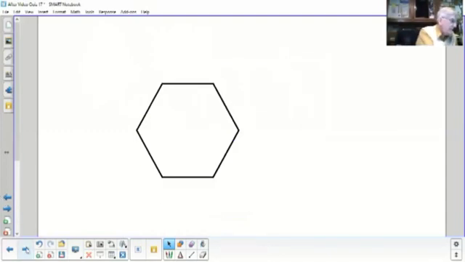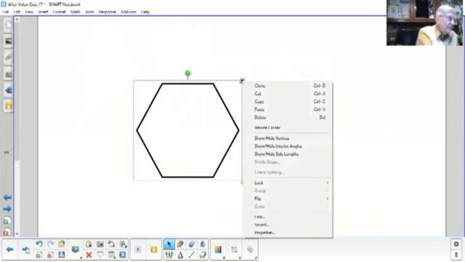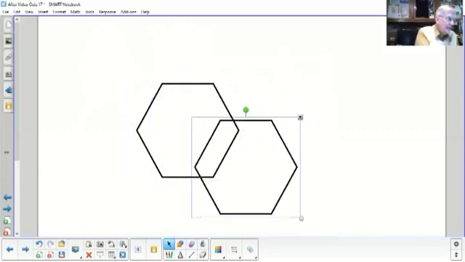Okay, here is a hexagon. Why can't we have figures that are platonic solids which have hexagons on their faces? Well, it's fairly easy to show here. I can simply take this hexagon, clone it, place it down here.